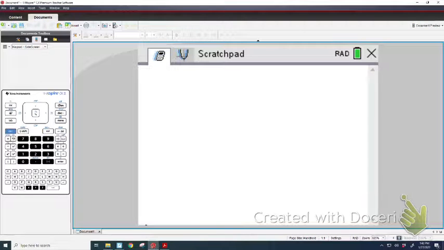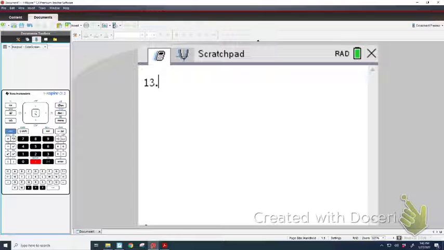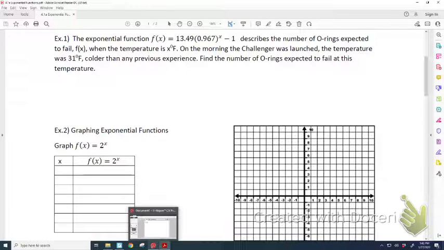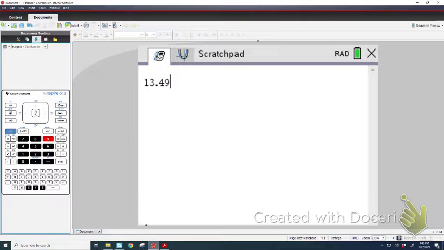I'm going to type 13.49, I've already forgotten what it was, 967. Use a parenthesis. Close the parenthesis. This here in red is the exponent button. We're raising it to the 31st power.